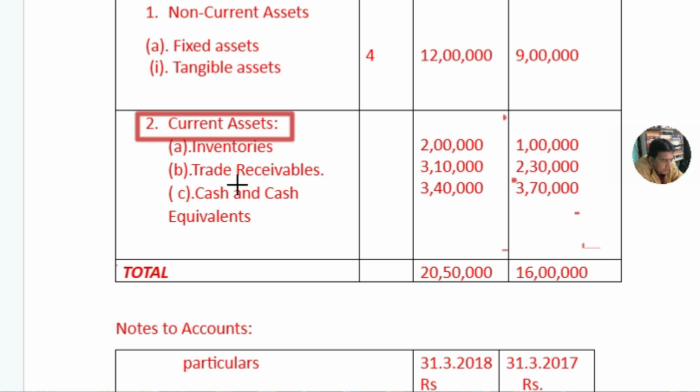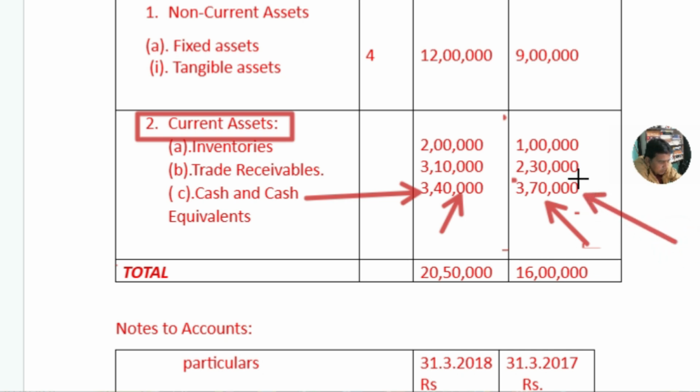After adjusting the cash flow from operating, investing and financing activities with that balance, the opening balance of cash, 3,70,000, shall be added to get the value of 3,40,000, the closing balance. So this cash and cash equivalent in 2018 is the closing balance, and in 2017 it is the opening balance.